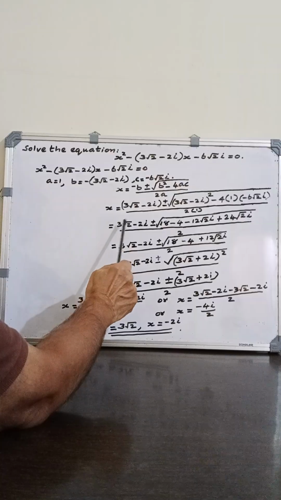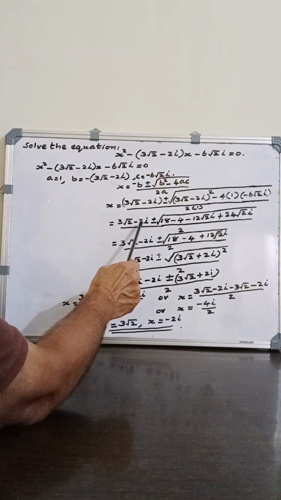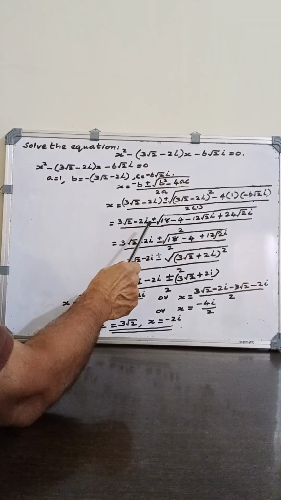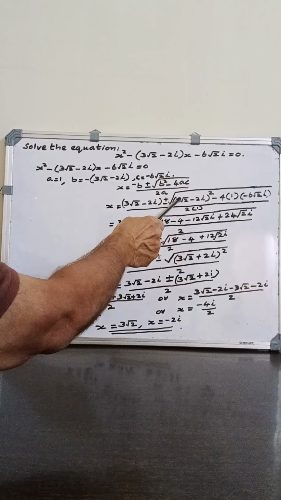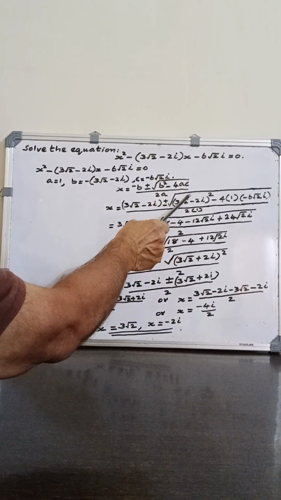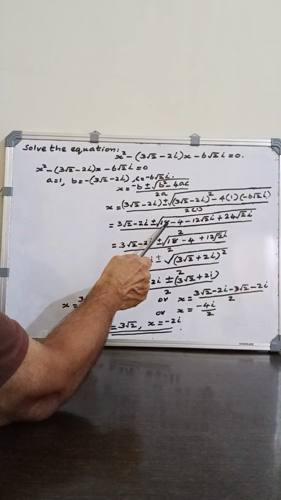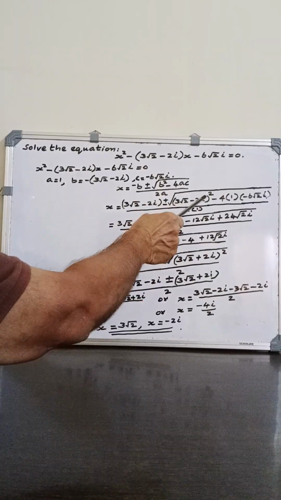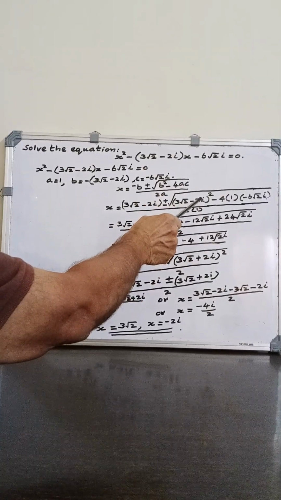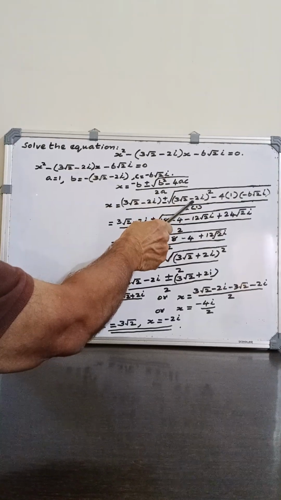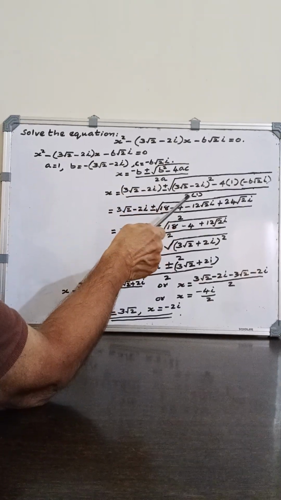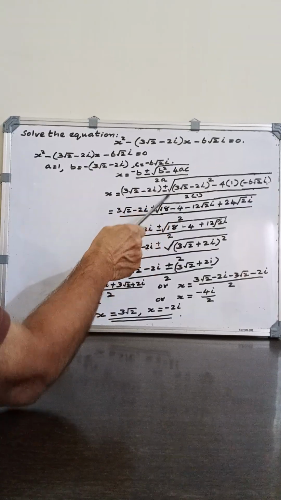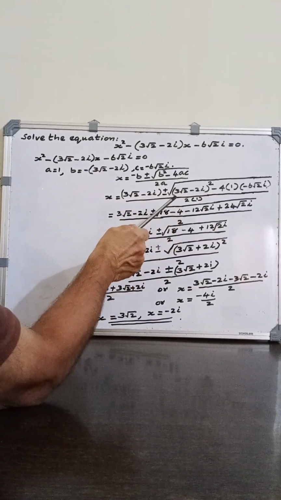That is 3 root 2 minus 2i plus or minus root of (3 root 2 minus 2i) the whole squared. That is 3 root 2 the whole squared, 3 into 3 into 2, 18, minus 2i the whole squared. Minus 2 into minus 2i, minus 2 into minus 2, plus 4 into i squared, minus 1.